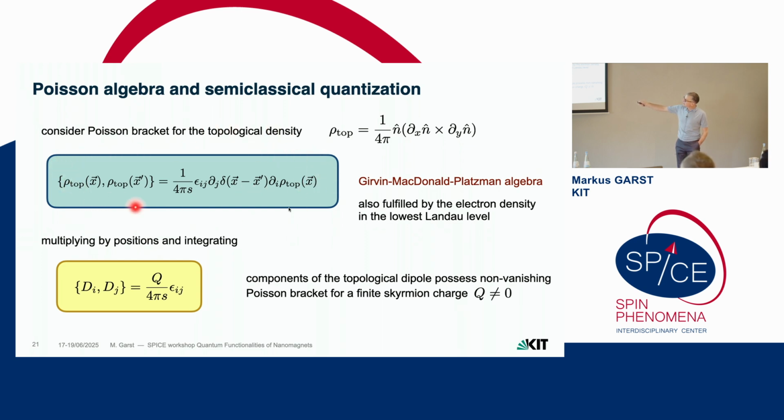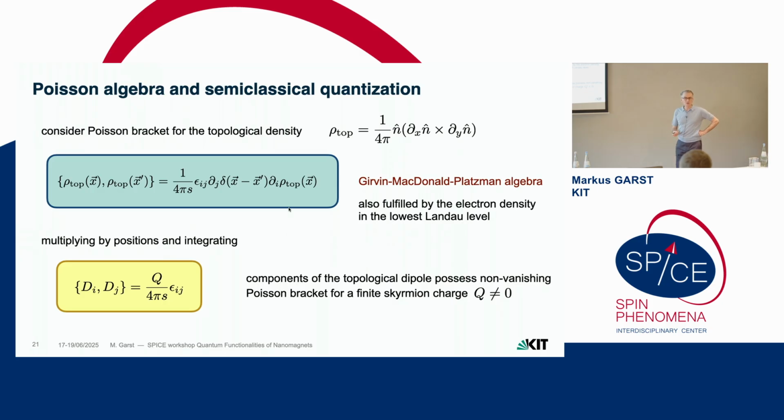And this algebra is actually known from quantum Hall physics. It's known as the Girvin-MacDonald-Platzman algebra. In the context of quantum Hall, this is the algebra that is fulfilled by the electron density.